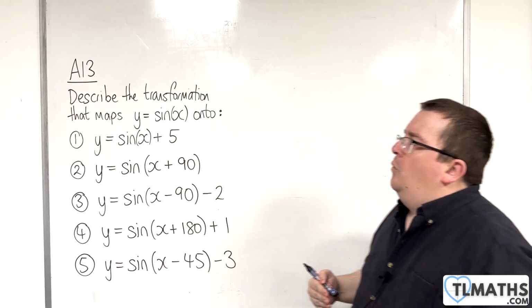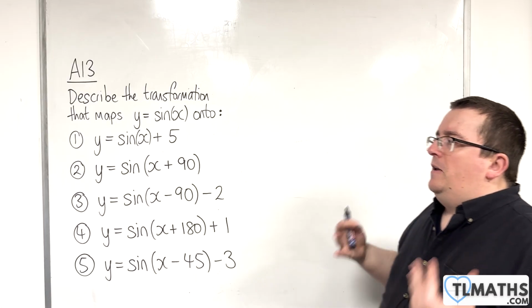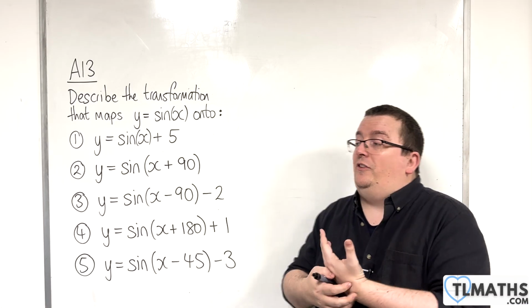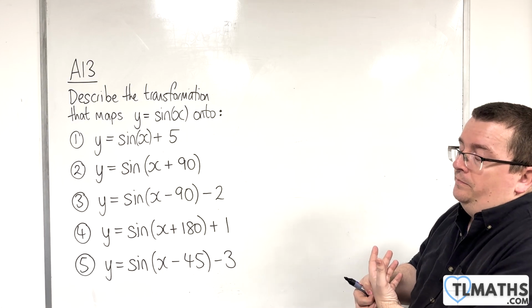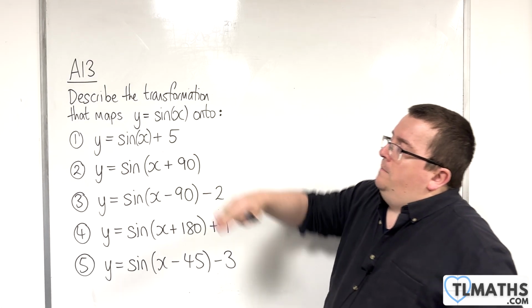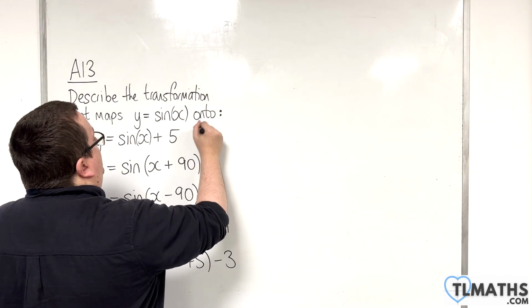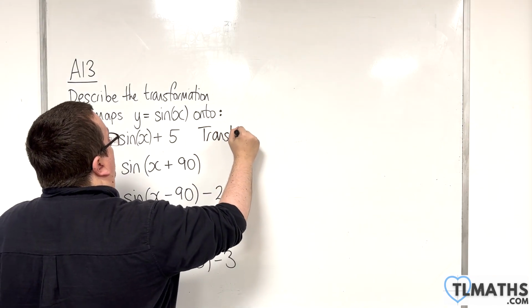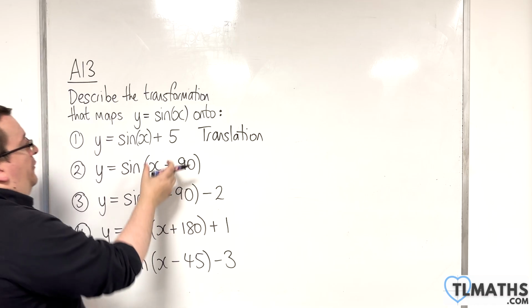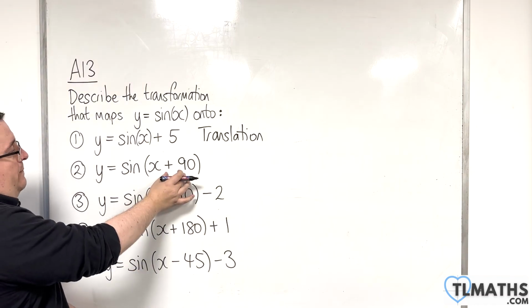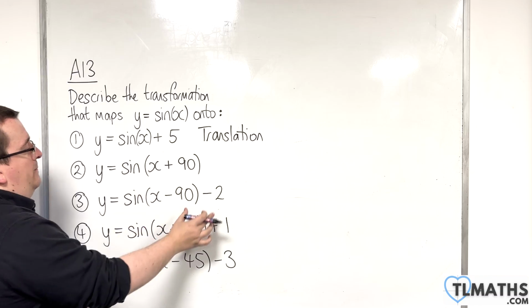So let's work our way through then. This should be relatively easy now that we've practiced with other functions and we've practiced with f of x as well. So number 1, y equals sine x plus 5. Well, we understand that this is a translation like all of the other ones here because we're either adding or subtracting something inside the bracket or outside the bracket or both.